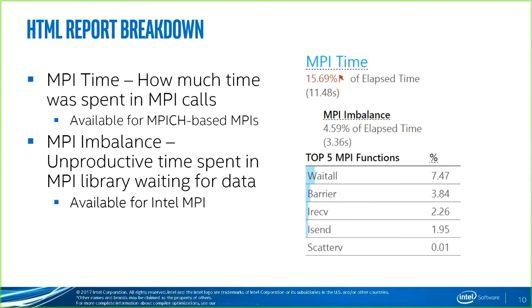If you use a hybrid application, for example MPI plus OpenMP, and your communication is overlapped with computations in other threads, this percentage of elapsed time might not be interpreted the way it should be.